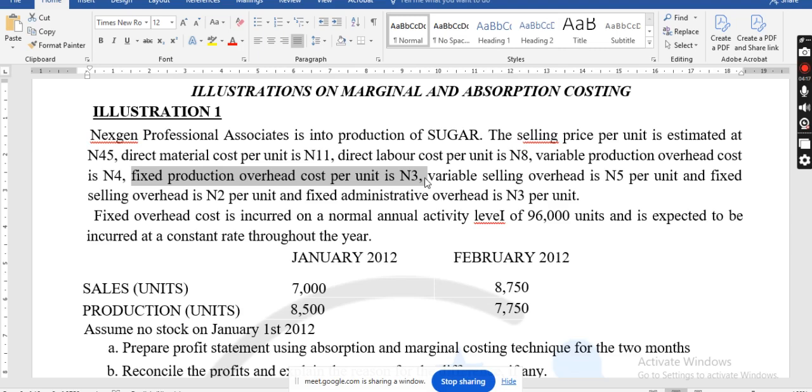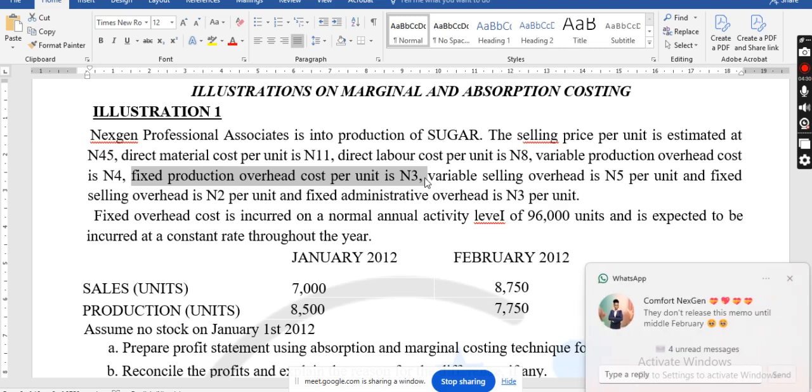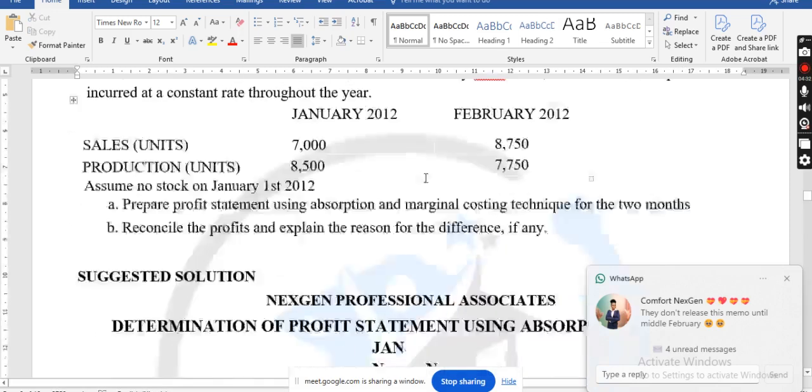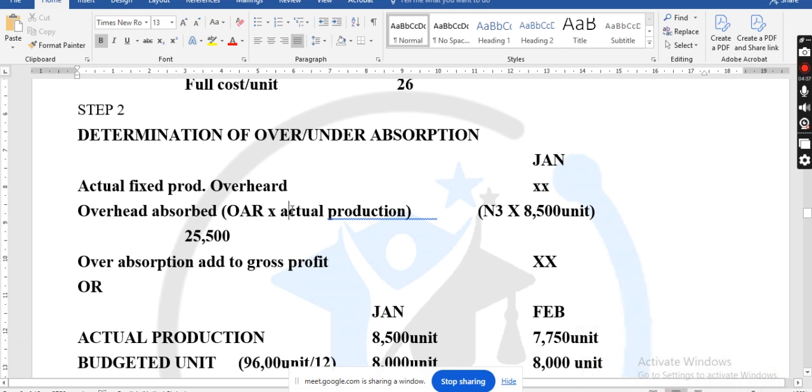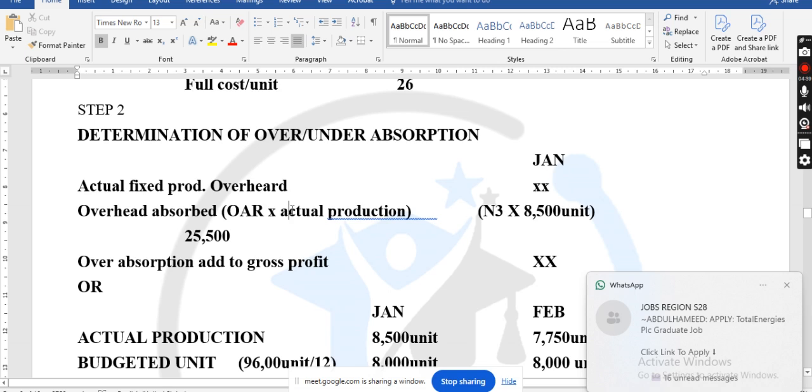So you don't need to calculate your OAR again. You just pick the fixed production overhead as your OAR. You use it to multiply by your actual production.